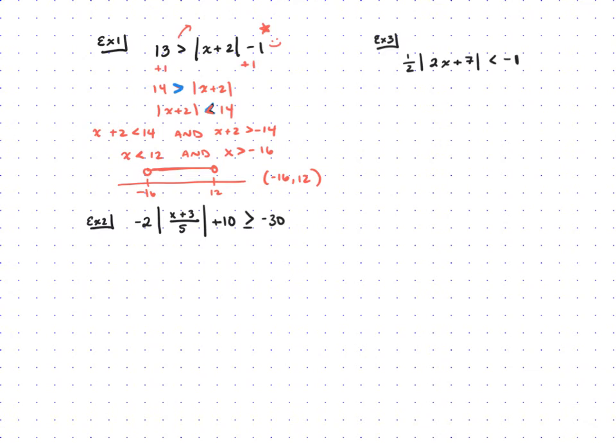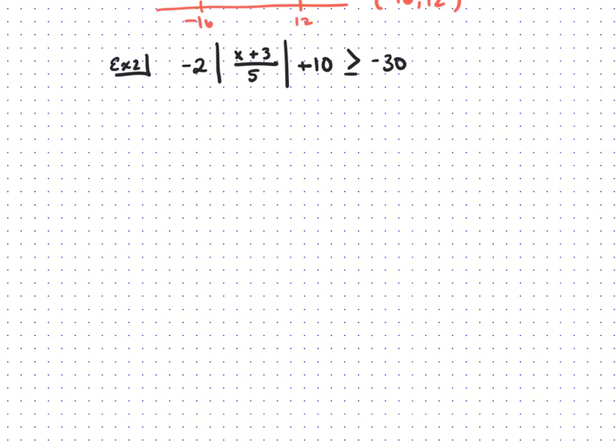All right, two more. So I threw in some wacky coefficients and stuff here. Just to remind you, you can't multiply into the absolute value. And to get rid of this -2, I'm going to divide both sides by -2.